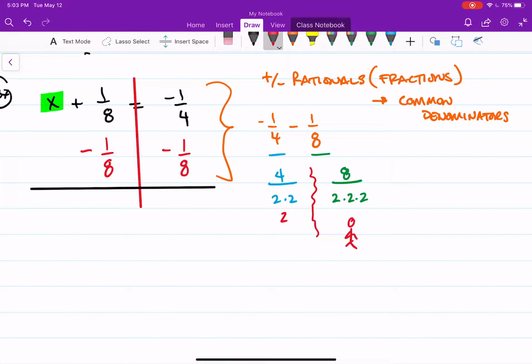What does 4 have that I don't have? Well, I have everything 4 has, so I don't need anything. Okay, so when you look at these two now, don't they all have 3 2s? Okay, so that means I'm going to multiply the 4 by 2. If I do it to the bottom, I have to do it to the top.